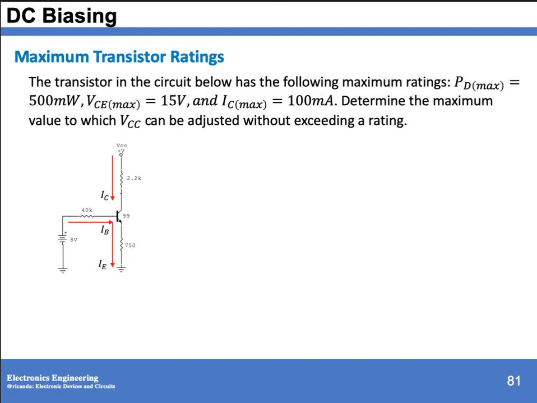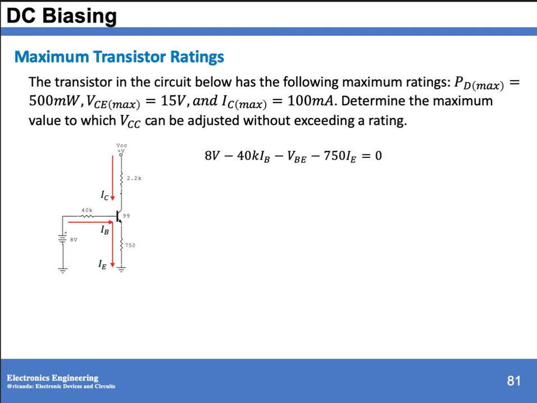At the input side, since VCC is unknown, first we have to solve for your IB. Using KVL, that is 8 volts minus 40k IB minus voltage base-emitter minus 750 IE. We have to express IE in terms of IB.